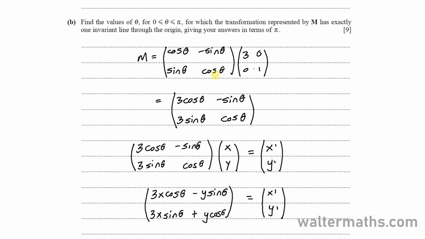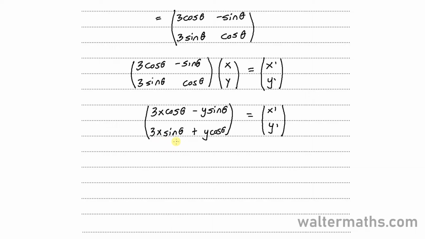Now, since we are talking about invariant lines through the origin, we know that the equation of the line is y is equal to mx. So since y is equal to mx, we can actually have two equations here. The first one being 3x cos theta minus y sine theta, but in place of y, I'm going to put mx. So it's as good as mx sine theta, and it's equal to x dash.